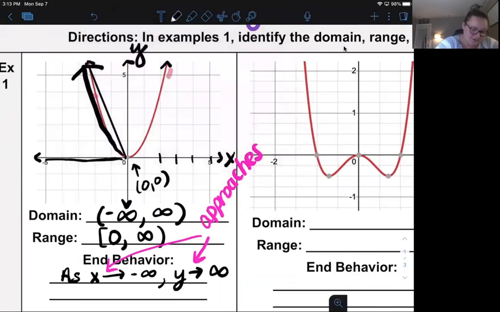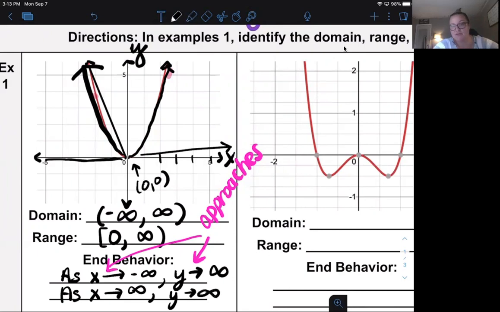For the right side, you're going to say as x approaches, well, to the right of this graph, x is approaching positive infinity. And what's y doing as x approaches positive infinity? As you can see, as the x values increase, so do the y values, which means as x goes to positive infinity, y also approaches positive infinity.